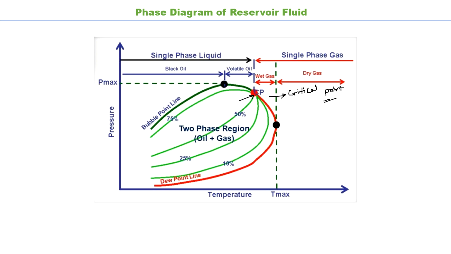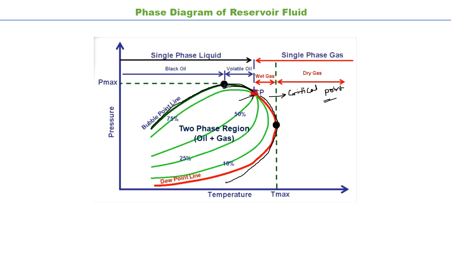This line is known as the bubble point line or bubble point curve, and the bold red line is known as the dew point line. Already it is mentioned in the diagram.